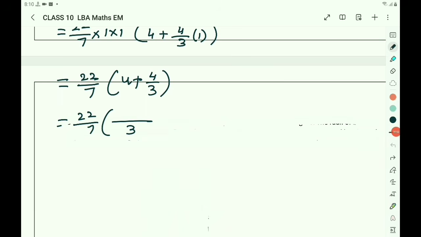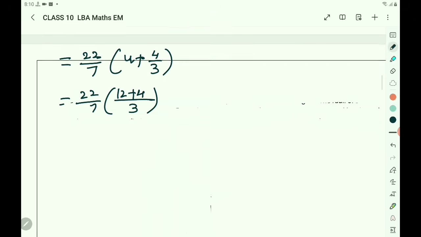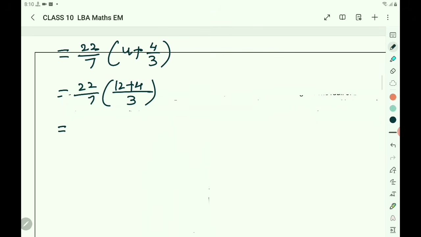As LCM is 3, the numerator becomes 4 into 3 plus 4. 4 into 3 is 12 plus 4, equals 22 by 7 into 12 plus 4 is 16 by 3.